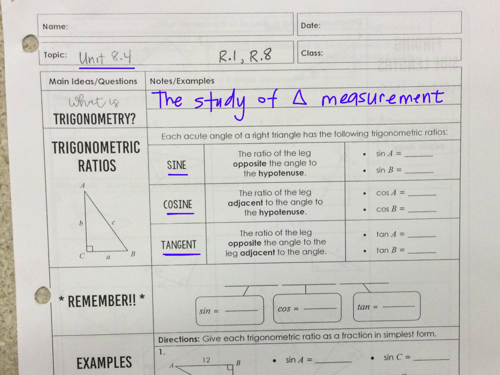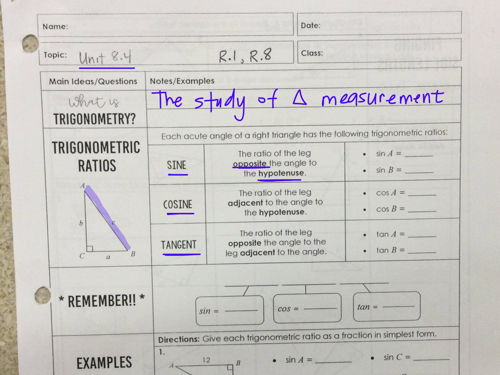The sine is the ratio of the leg opposite the angle to the hypotenuse. When I look at this triangle, the hypotenuse is across from the right angle, so the hypotenuse is C. It's always going to be C, no matter which angle we're looking at.